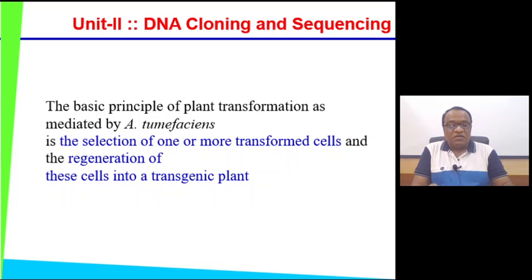The dosage and the duration of exposure to the selection agent depend on the laboratory conditions, so it can be adjusted to the requirement. What should be the dosage? What should be the duration of exposure to the selection agent? That varies. After several successive cultures, only the transformed tissues will regenerate and grow into transgenic plants.